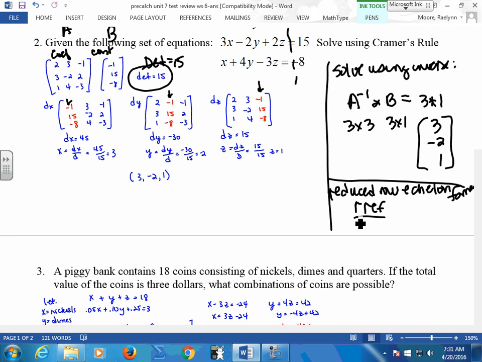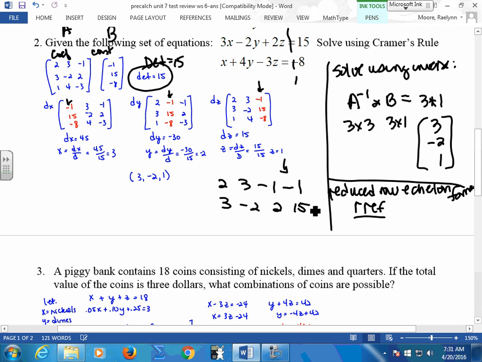Good. You're going to put the whole thing into one matrix. You're going to include the constants in here. You're going to put this whole thing in. And just like you said, you're going to do RREF. And that's how your answer is going to come out like this.